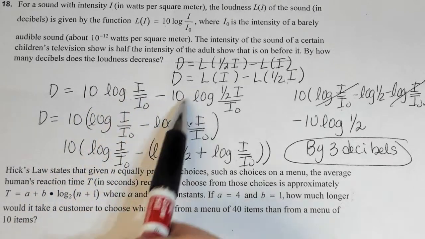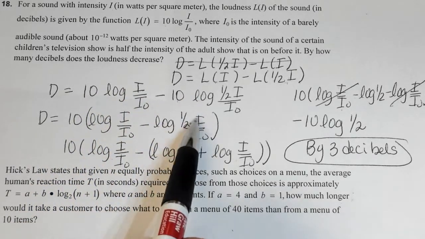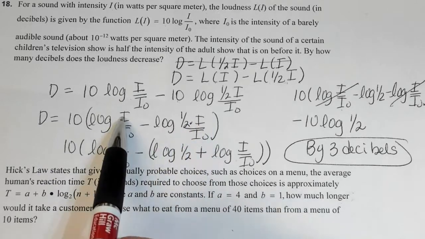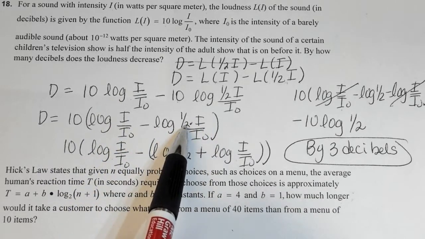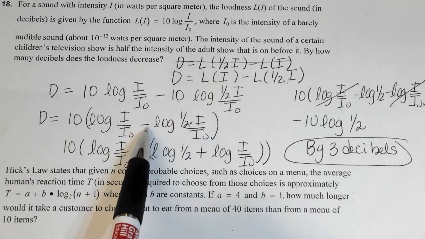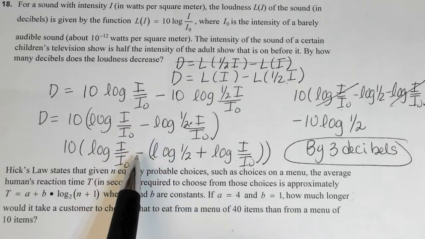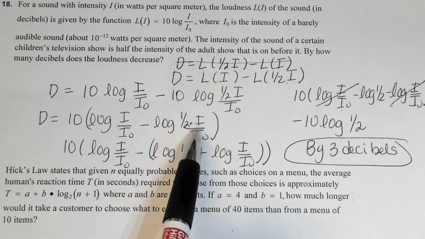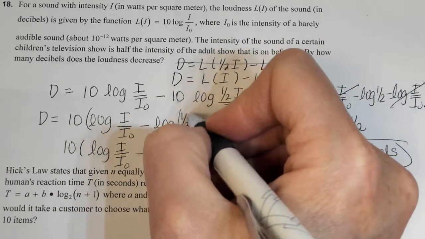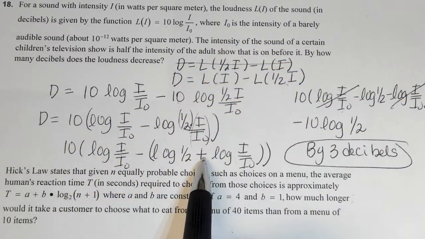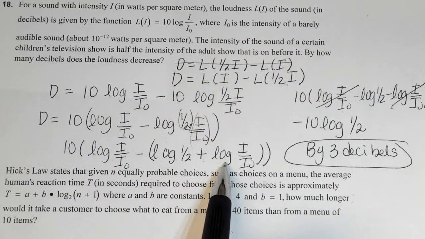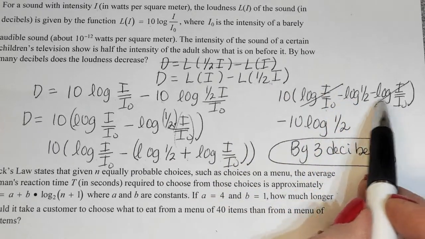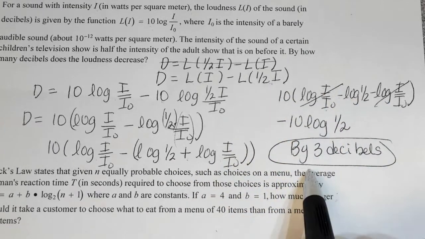I had this, and I had this. At this point, I noticed that these I over I sub O's matched, but this 1/2 was kind of a little extra. So I said, well, it would be minus, and then what do you do if you have the multiplication? So I really had this times this, that turns into the addition of 2 logs. Then I distributed, and then I canceled, and then I just figured it out.